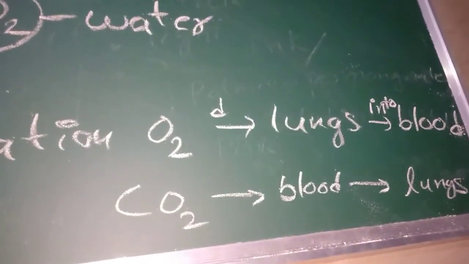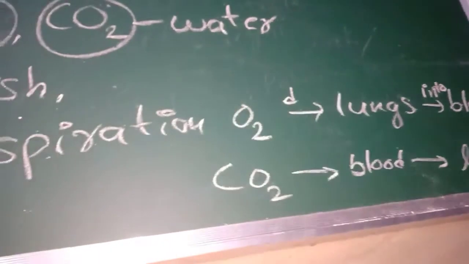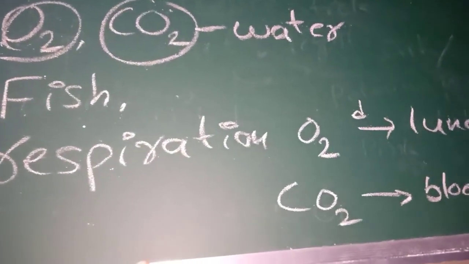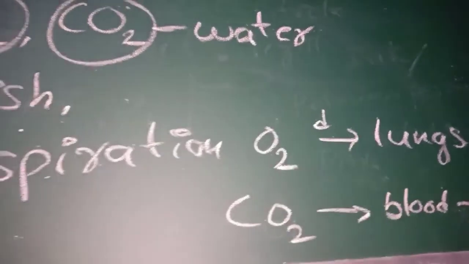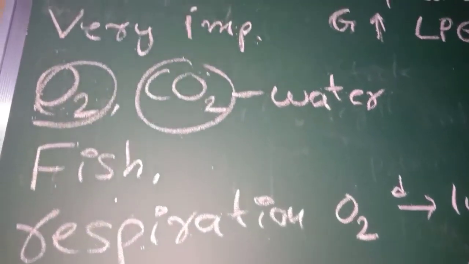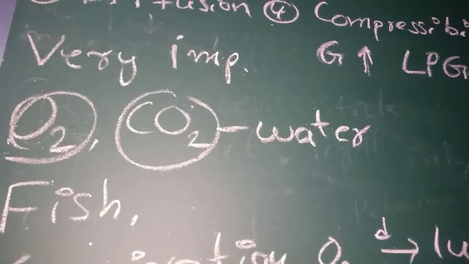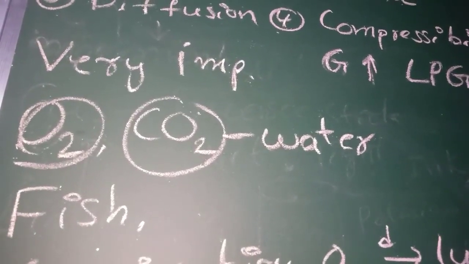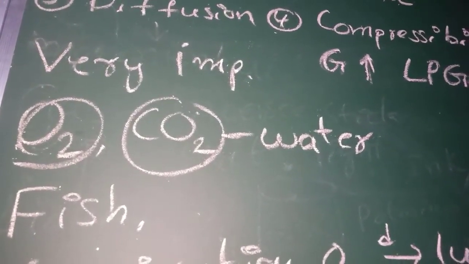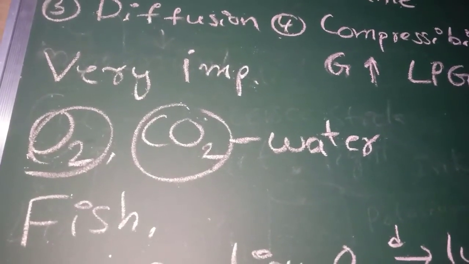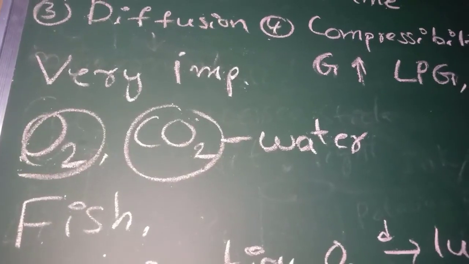So for our survival, respiration is a very important thing. This is happening due to diffusion only. And aquatic animals and aquatic plants survive because of O2 and CO2 diffusion in water. So this diffusion is a very important property.